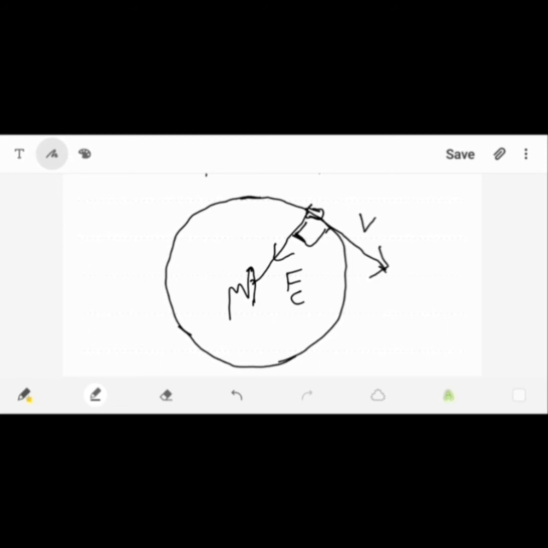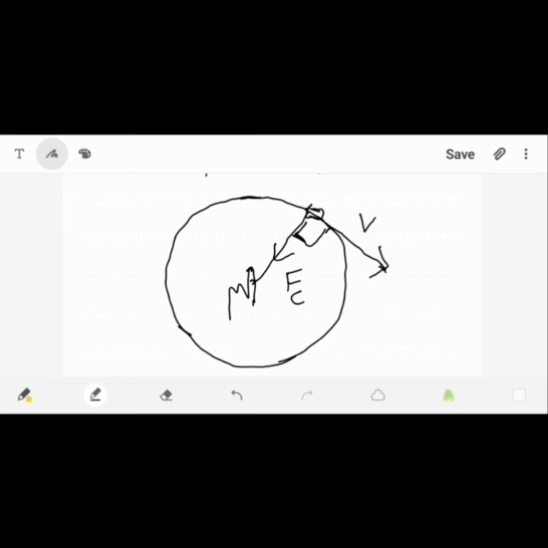This force keeps on changing the position of the body continuously along the circular path. Hence, this force always pulls the object towards the center of the circle. It means it always remains towards the center of the circle. That's why this force is also known as center seeking force.